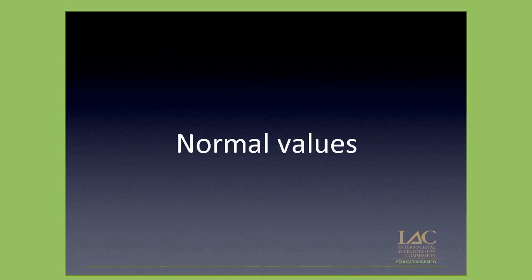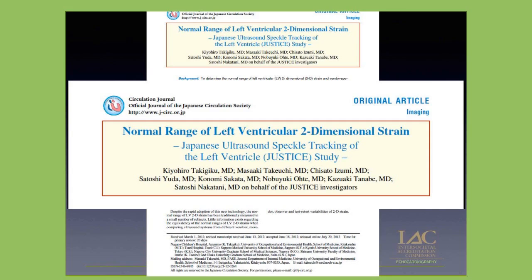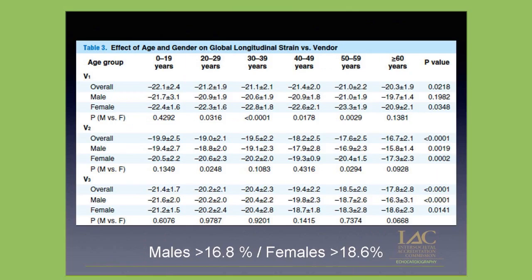So what are the normal values? One of the biggest challenges that we had when we were writing the expert consensus for the multimodality imaging of the patient before, during, and after cancer therapy was exactly this issue. What is considered a normal strain? And really the issue lies in the fact, as you see over here, that different vendors, in this case B1 is General Electric, B2 is Philips, and B3 is Toshiba, will have different strain values.